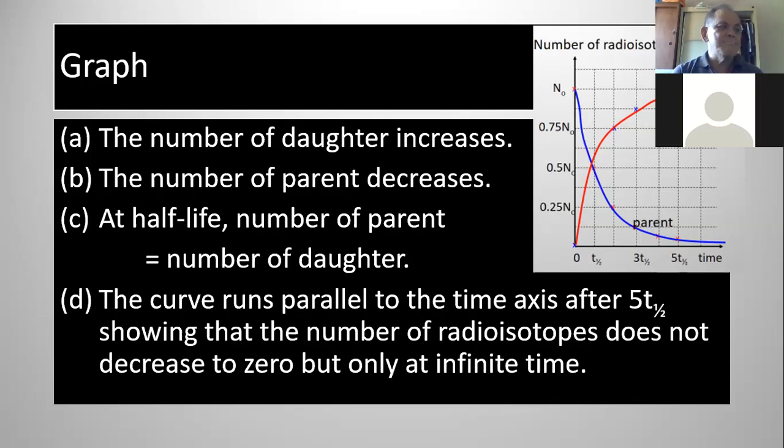The curve must run parallel to the axis after 5 half-lives, very close to it, so we say parallel. This shows that the number does not decrease to 0, except at infinite time. At a very large time, it will still be some left, but smaller and smaller.